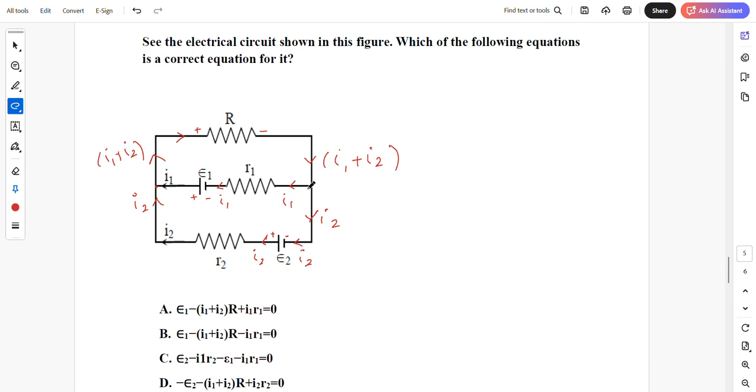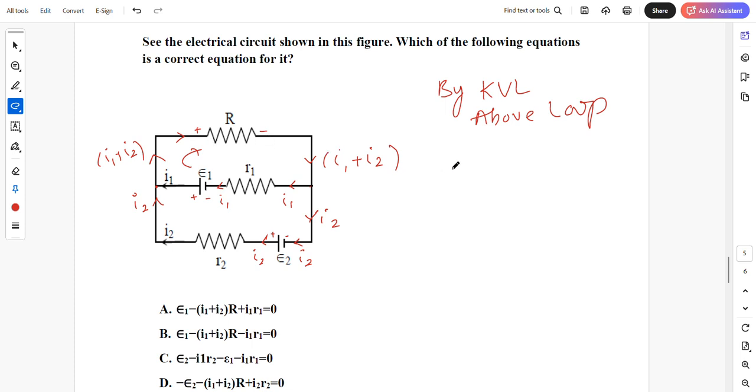Now let us apply Kirchhoff's voltage law for the above loop. By KVL, for this loop we will apply. I will start from here.